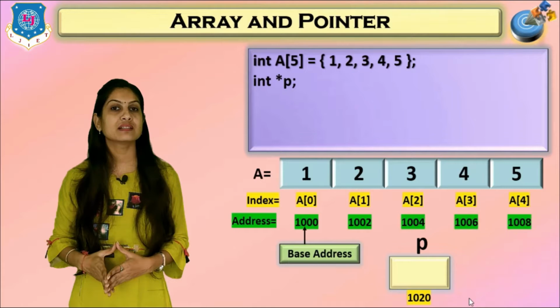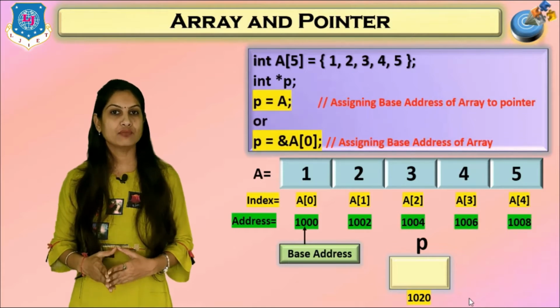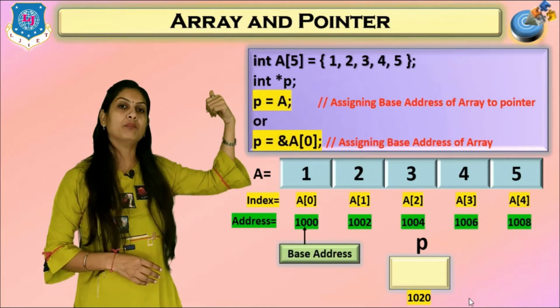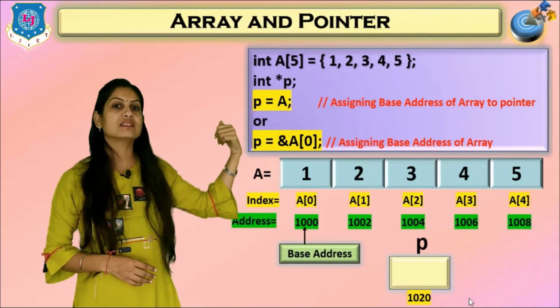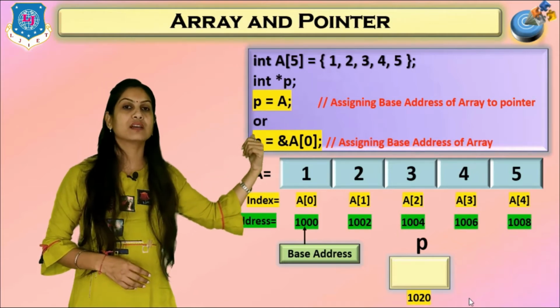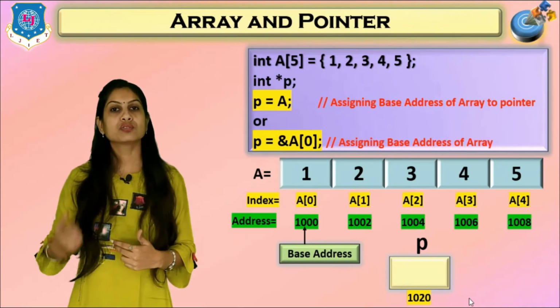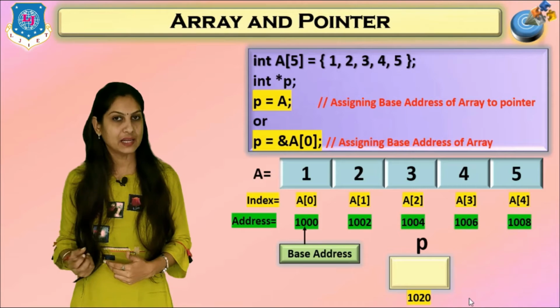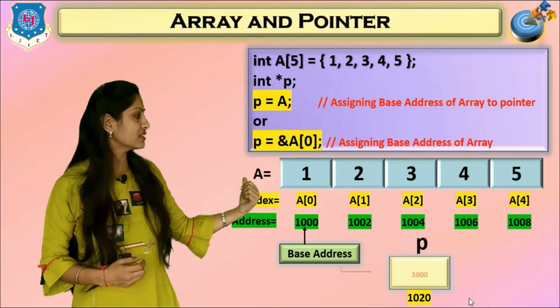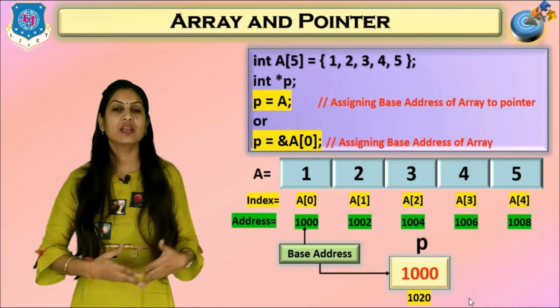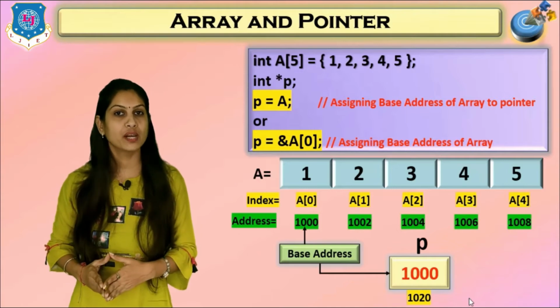So how can we initialize our pointer? For that we have to use the concept like p equals a, or we can say p equals address of a of 0. These two lines have the same meaning. Pointer stores the address of first element. Clear? So first element has address 1000, that will be stored in our pointer p.